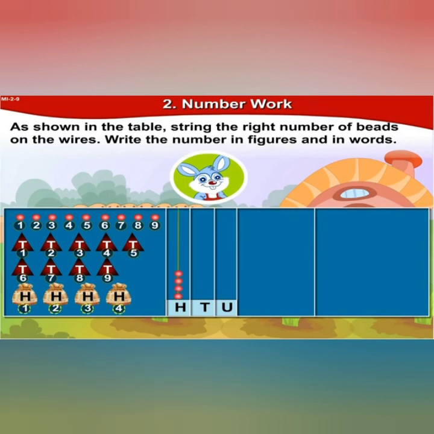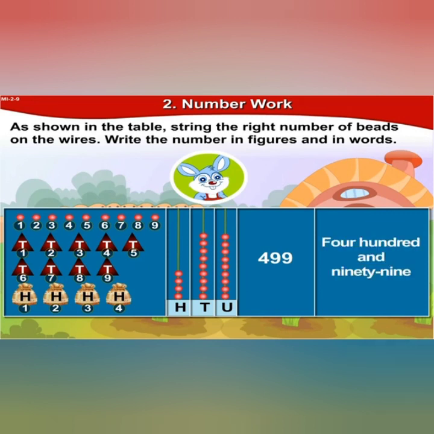So at the hundreds wire, we'll make 4 beads. At the tens wire, 9 beads. And at the units wire, 9 beads, which means it is 400, 9 tens, 9 units. So in figure, it is 499, and in words, it is 499.